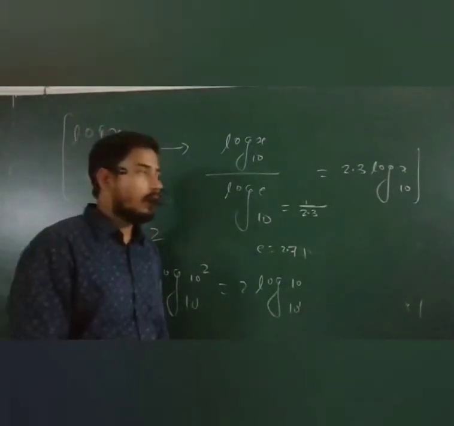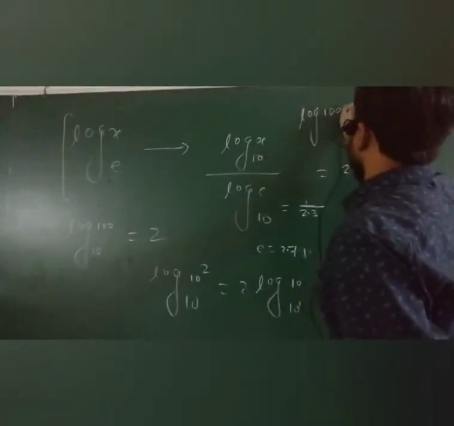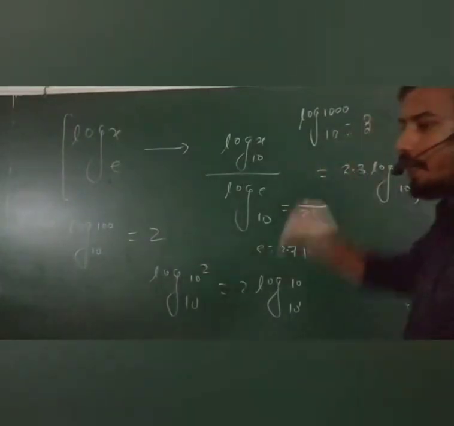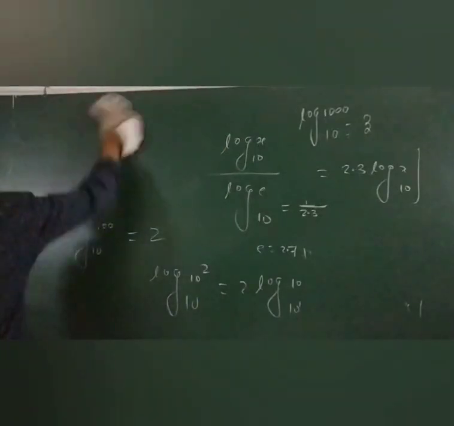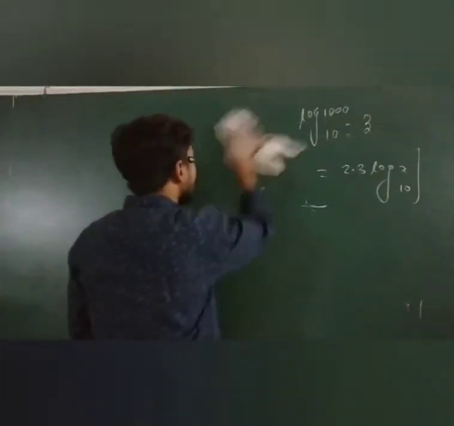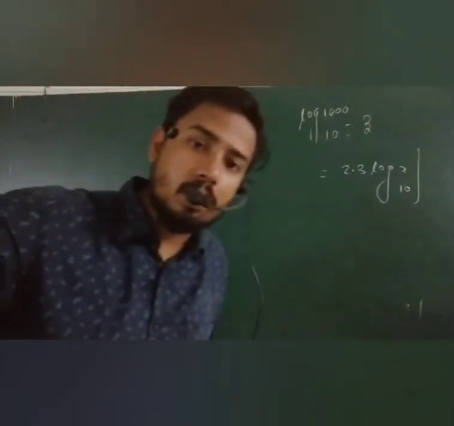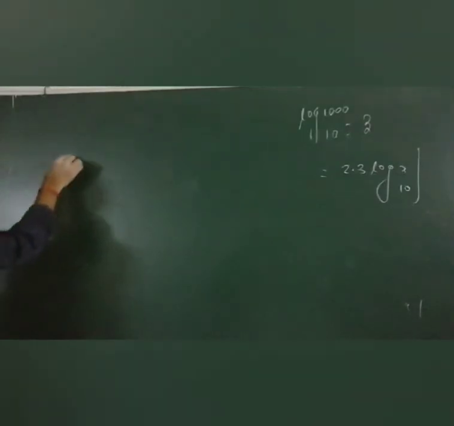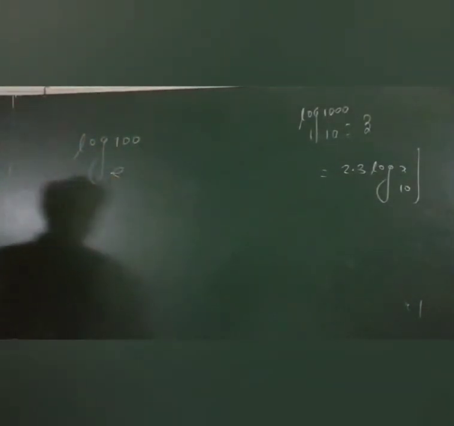Similarly, log 1000 with respect to base 10, fast, what is the value? You will say 3. Yes or no? You will say 3. Similarly, suppose I ask you ln 100, how will you find it?